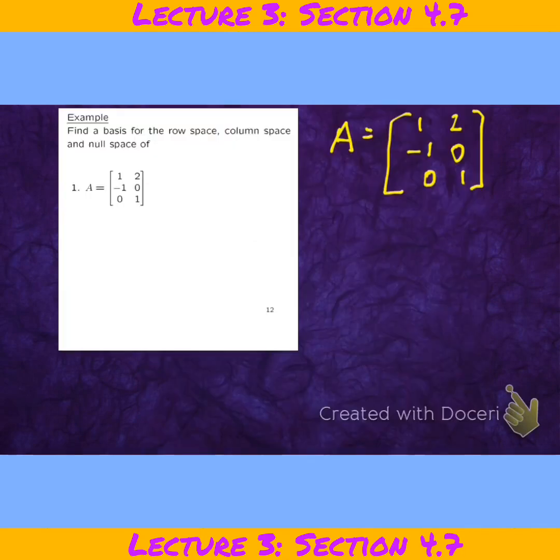Okay, so there's my matrix, and what I'm going to do is change the second row by taking the first row and adding it to the second row. Then I'm going to change the last row by taking negative a half, multiplying that with the second row and adding it to the last row.